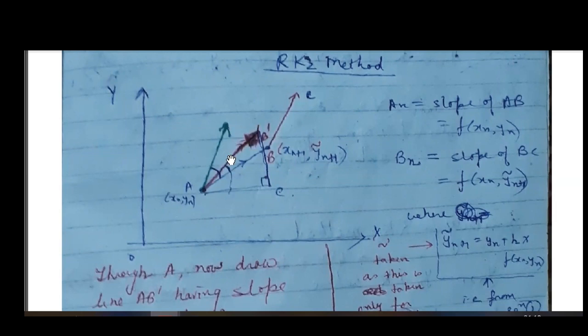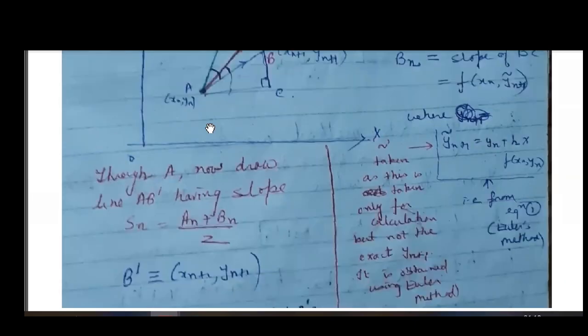So actually you are doing two slope computations here, one for this one, another for this one, because this you are taking exactly parallel to it. Then you're taking the linear combination of this slope and this slope. That means you're taking the linear combination of An and Bn. So you're computing differentiation, because slope finding is nothing but differentiation. So you're computing differentiation twice.